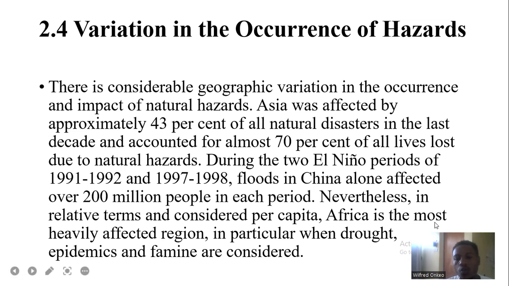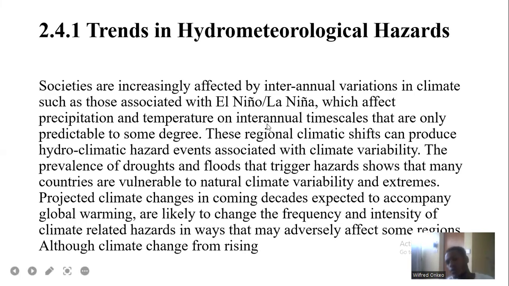During the two El Nino periods of 1991 to 1992 and 1997 to 1998, floods in China alone affected over 200 million people. Imagine, over 200 million in each period. Nevertheless, in relative terms and considered per capita, Africa is the most heavily affected region, in particular when drought, epidemics and famine are considered.